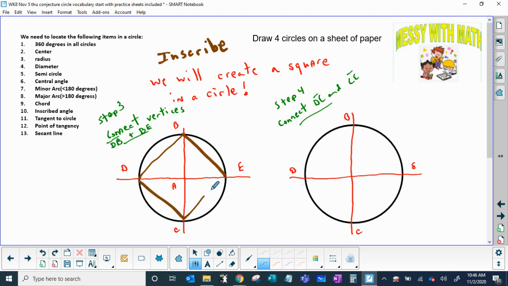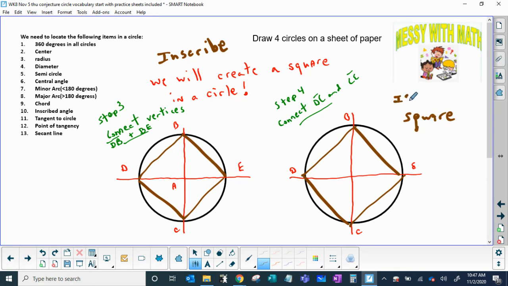Now, do you believe that this brown shape is a square? Do you believe that to be true? This is how we started class out this year.